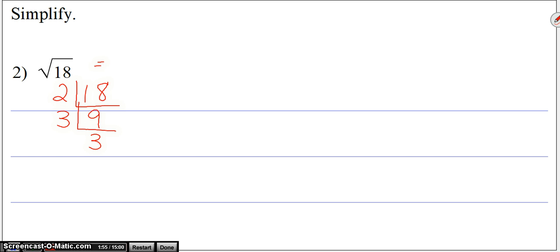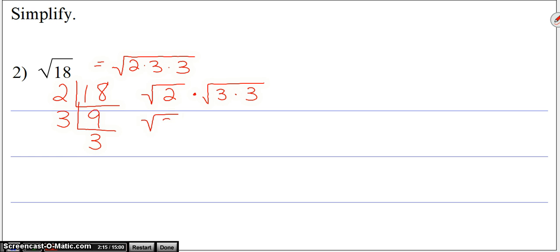So the square root of 18 is actually the same thing as the square root of 2 times 3 times 3. Well, if we were to break this square root apart, we could break it apart to say the square root of 2 times the square root of 3 times 3. Now, the square root of 2 is what it is. It can't be simplified anymore.